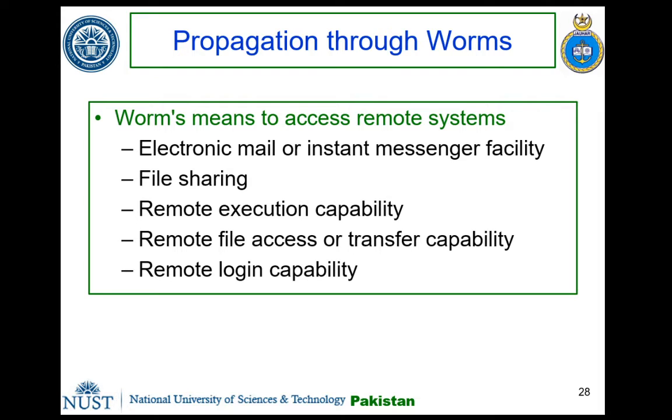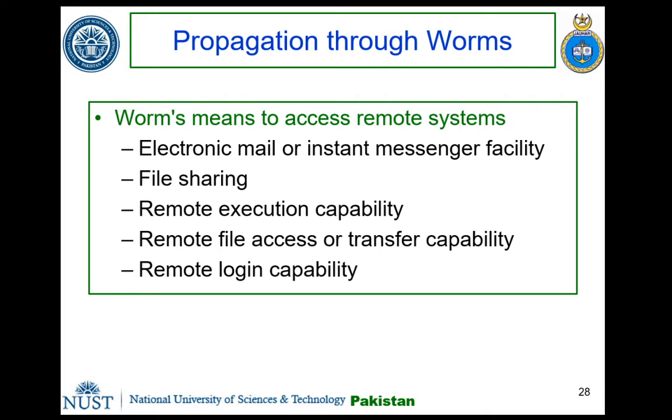In an electronic mail or instant messenger facility, a worm emails a copy of itself to other systems or sends itself as an attachment via an instant message service, so that its code is run when the email or attachment is received or viewed.